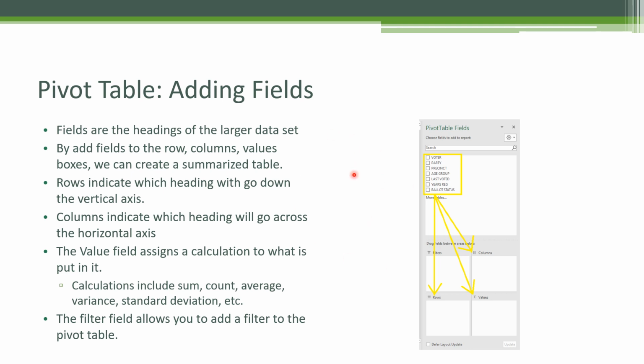Calculations can include sum, count, the average, the variance, standard deviation, other things. The filter field won't be used too often, but it lets you add certain filters to make the pivot table even more concise.